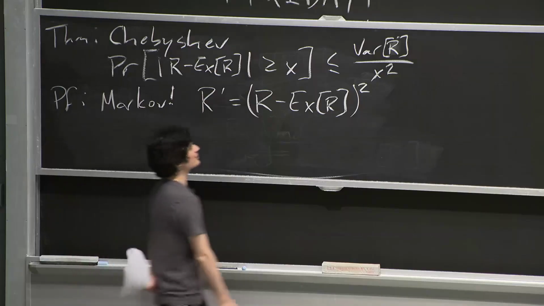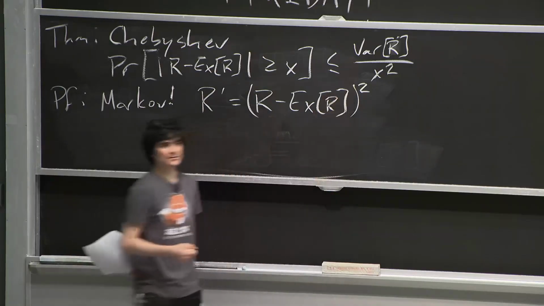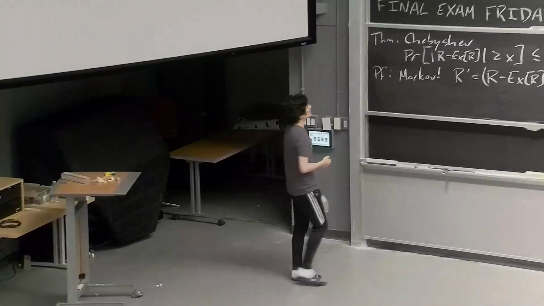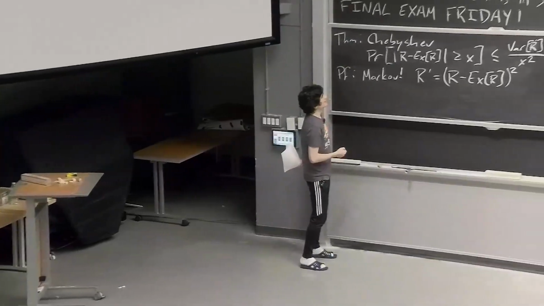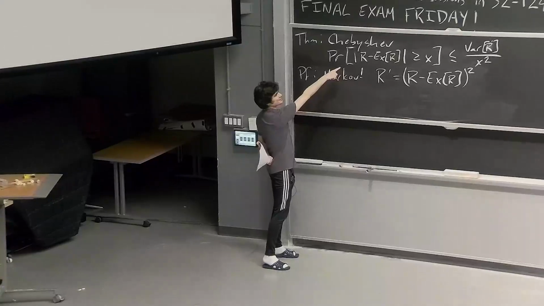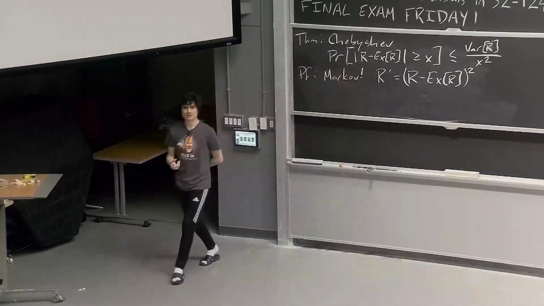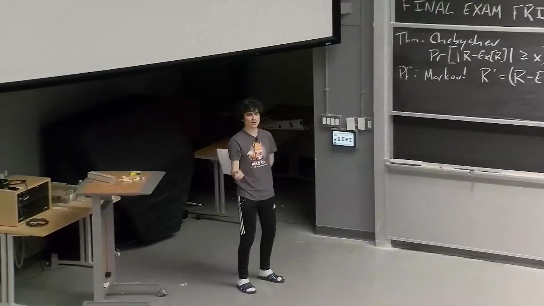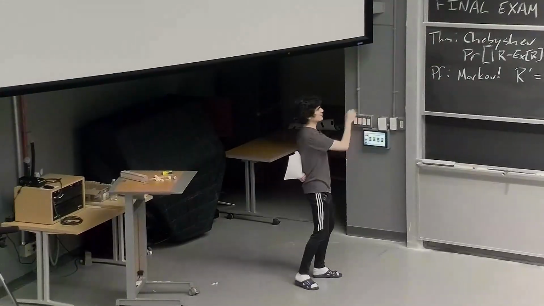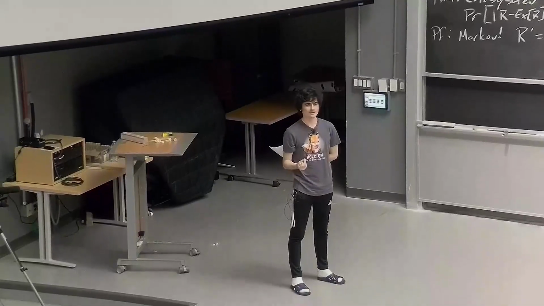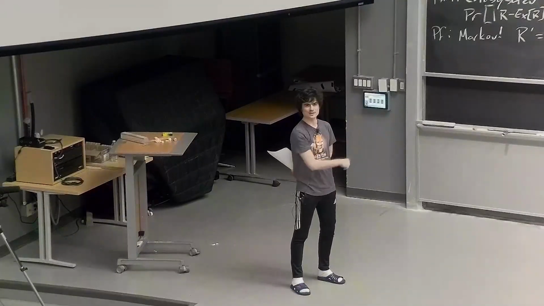Its expectation, by definition, is the variance of R. And we can also threshold R prime instead of this absolute value thing. How? We just square the stuff in the absolute value.